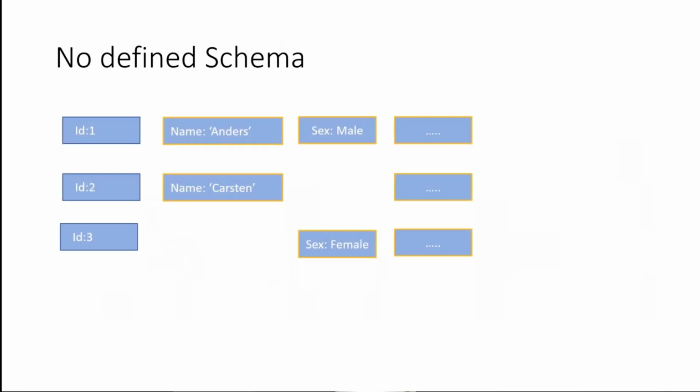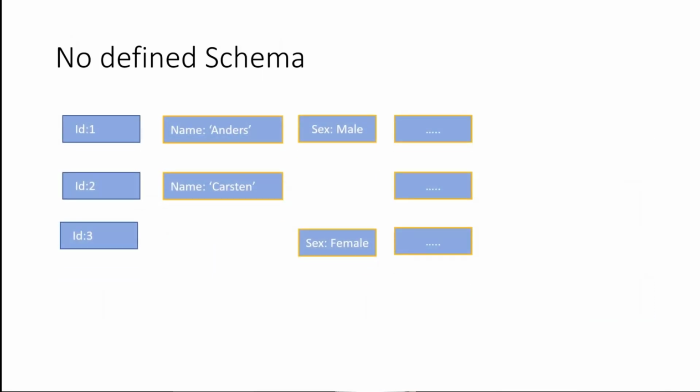The first attribute: if you remember, we talked about in SQL that you need a well-defined schema, but here you really don't need a well-defined schema. Look at this example, a collection where you've got ID, name, and sex, and maybe more columns. But look at this second record. If you're coming from SQL, you may think this is null or something.